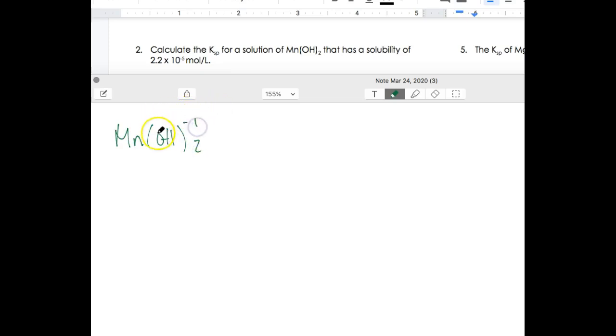We know this is -1 according to our flashcards, and therefore if you crisscross backwards, you get +2 there. It's a solid, and we're going to separate it. Mn plus 2 aqueous plus 2 hydroxides.